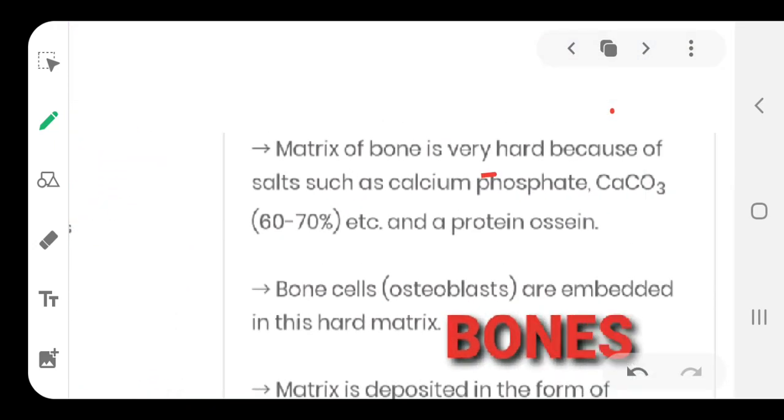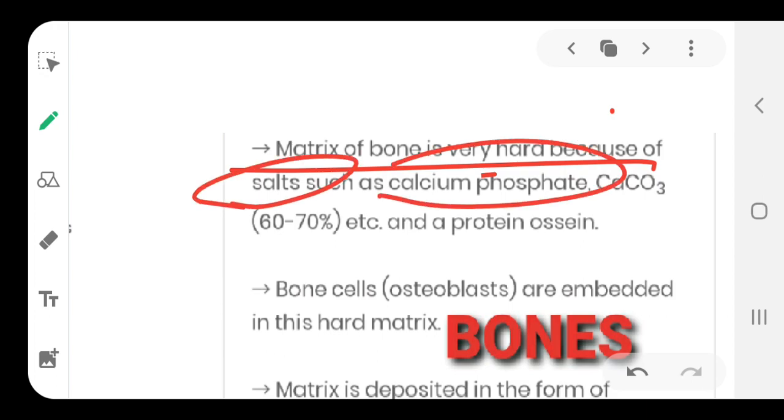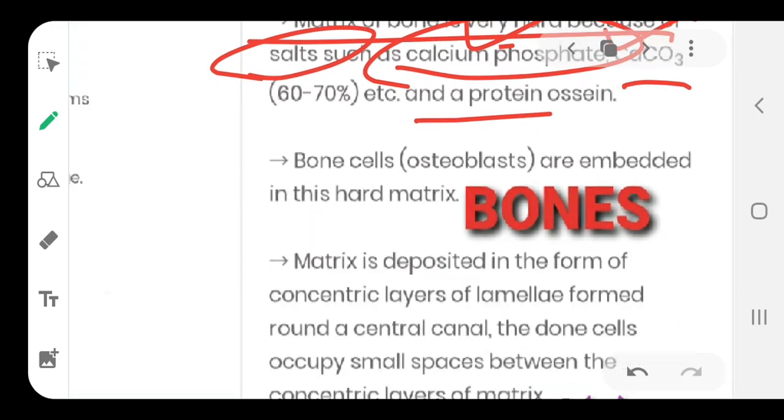Then the matrix of the bone, as I have told you, is very hard because it consists of salts of calcium phosphate and calcium carbonate, and it is filled with protein. Why is the bone matrix hard? Because it is filled with calcium salts.